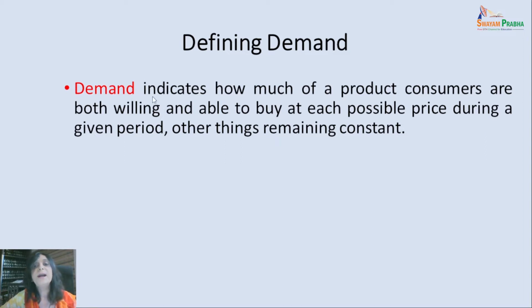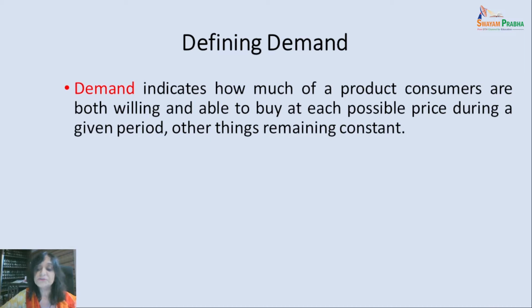Demand is how much of a product or a service a consumer is willing to buy as well as able to buy at each possible price during a given period of time. So, demand is you need something, you have the ability to buy it, and you know at what price level you are going to buy, in a given period of time.